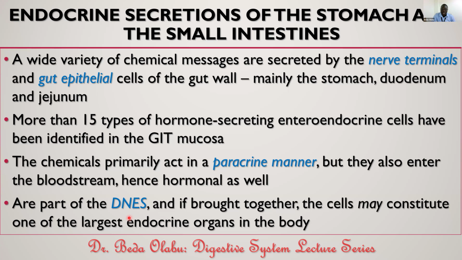We don't quite use that term so much currently because we know that not all of them necessarily take up amines and decarboxylate them, but they are part of the diffuse neuroendocrine system.